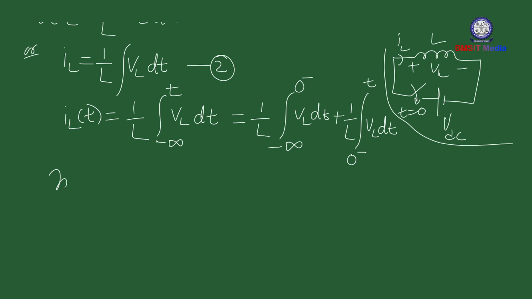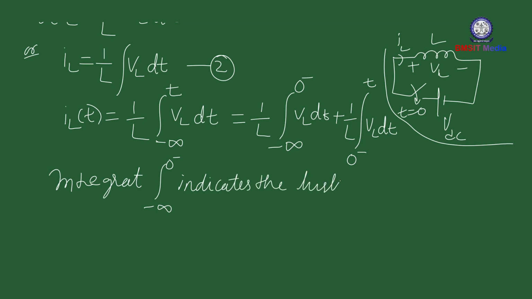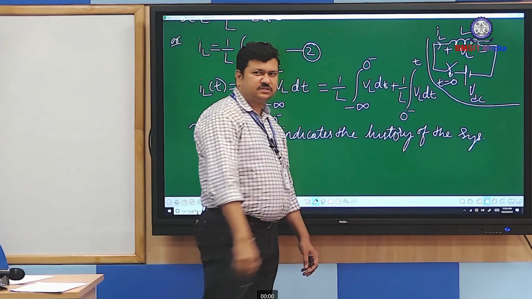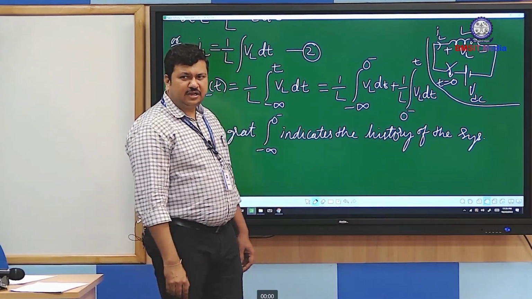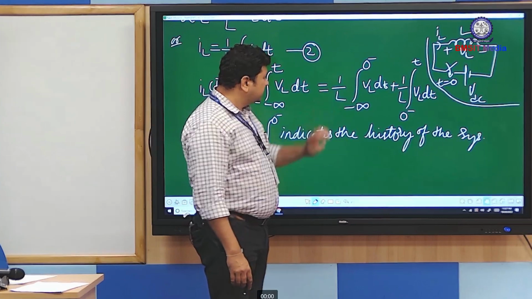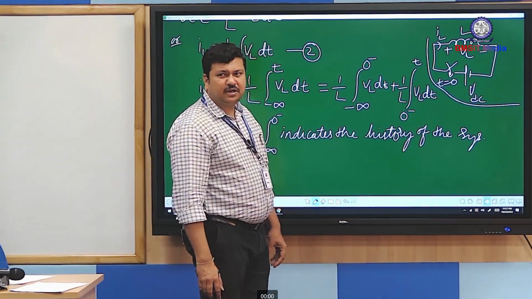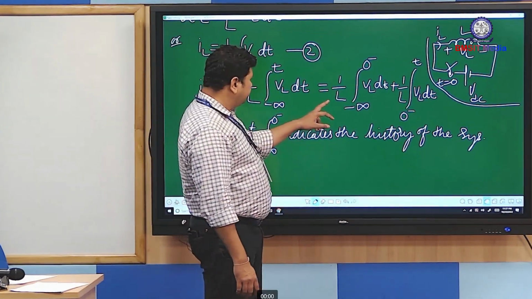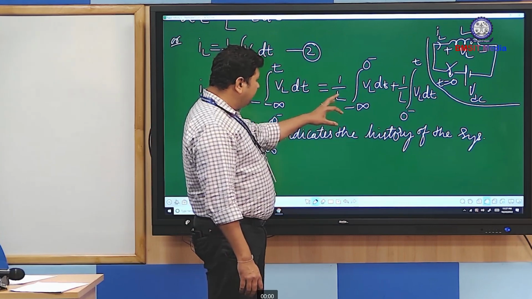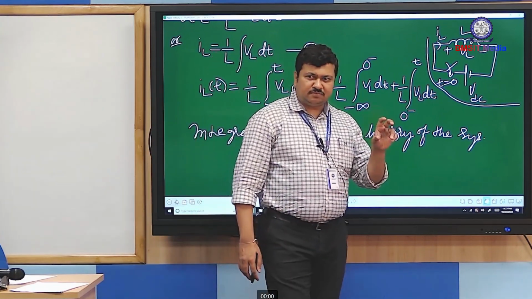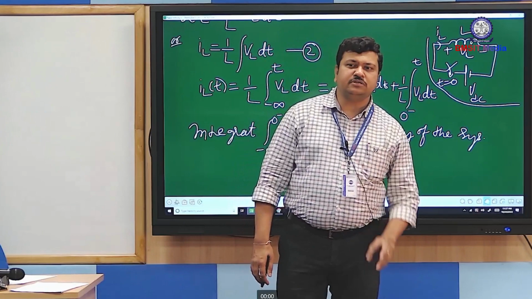The integral from minus infinity to 0 minus indicates the history period of the system, that is, the condition of the system till t equal to 0 minus.